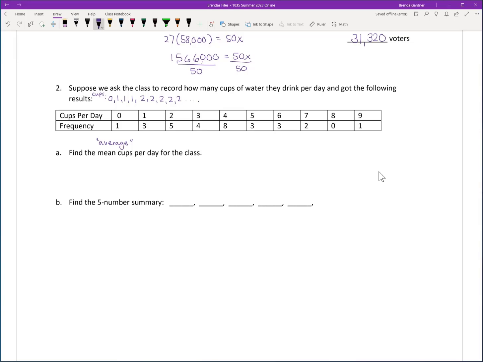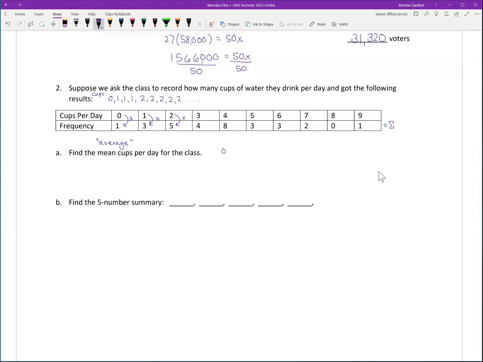But to find the average, we want to basically multiply to get the sum of each column and then add them together. And then we're going to divide by the sum, it's a little symbol for sum, the sum of the frequency.